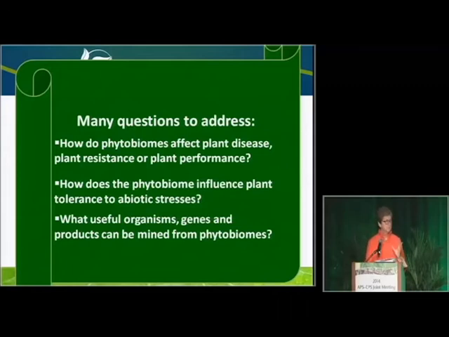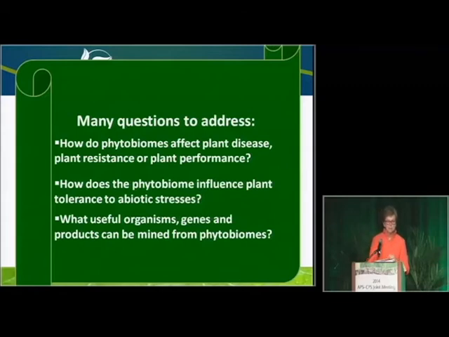There are ecological questions that can be asked. There are questions about how do the phytobiomes affect plant disease, plant resistance, and plant performance. How do they impact the ability of the plant to take up nutrients? So that impacts those of us who like to eat nutritious plants, and also the animal feed people. They understand that the phytobiome is important for the quality of the food, feed, and fiber that we get.